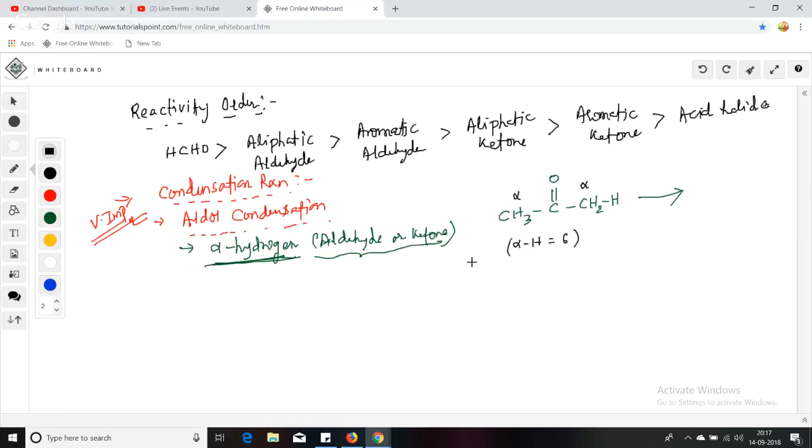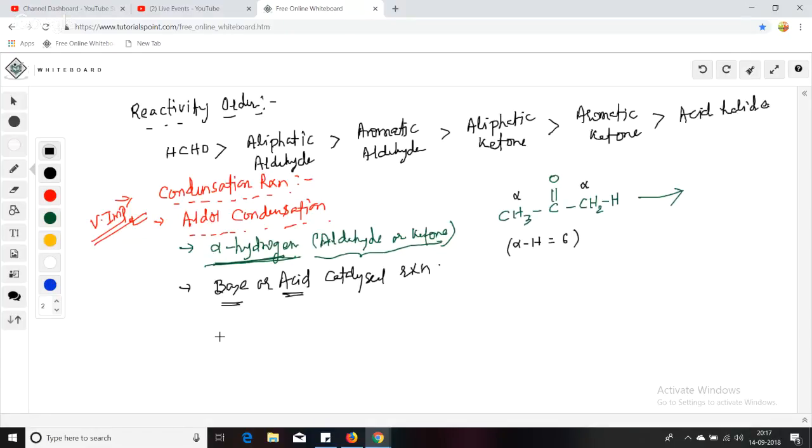Now this reaction takes place in both media, basic medium or base catalyzed, or acid catalyzed reaction. The meaning of this is that the reaction takes place in the presence of base also or in the presence of acid also.